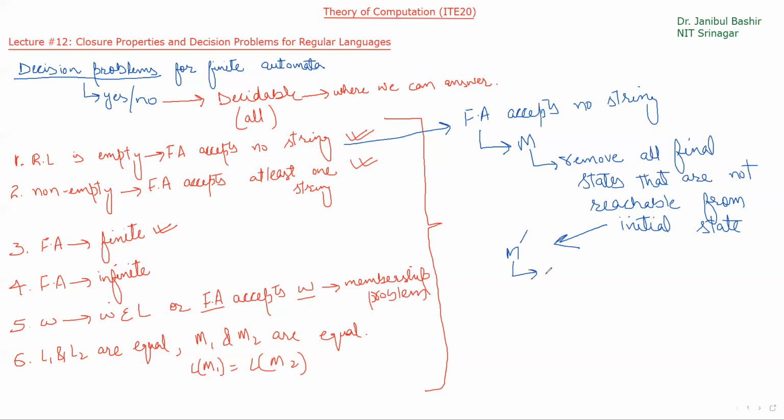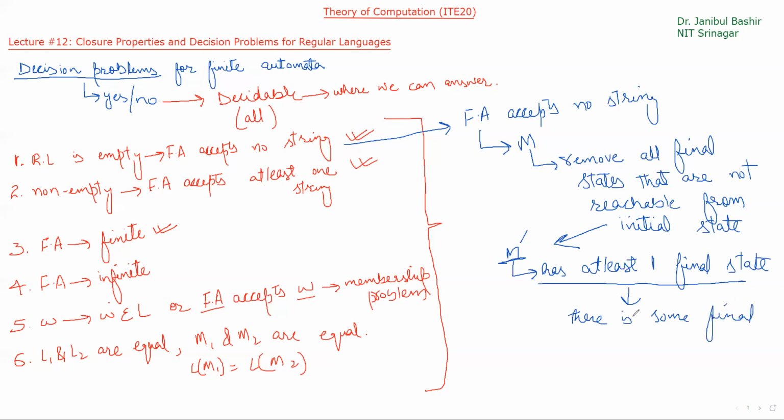If this M dash has at least one final state, what does that mean? It means that there is some final state that is reachable from initial state.